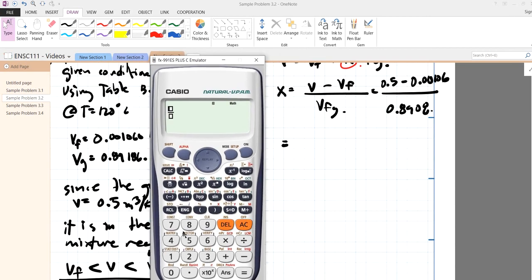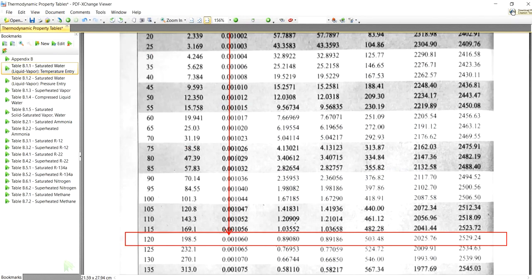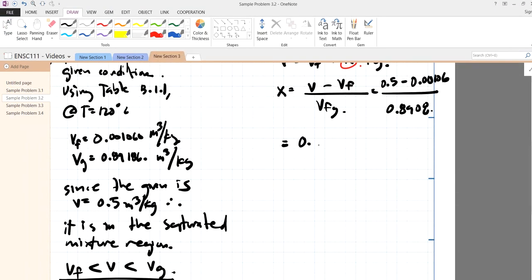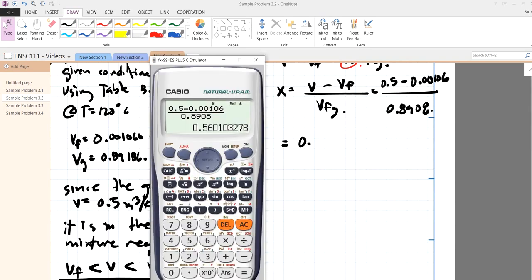So 0.5 minus 0.00106 divided by 0.8908, and we have 0.56.